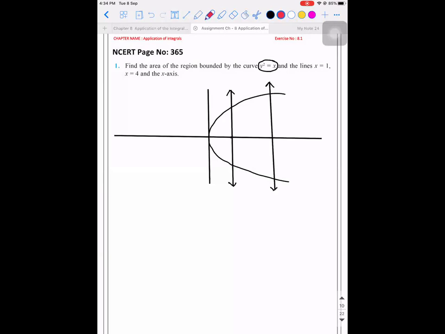So this point is 1, 0. This point is 4, 0. Right. So they're asking for the bounded region between them, which means it is this area.